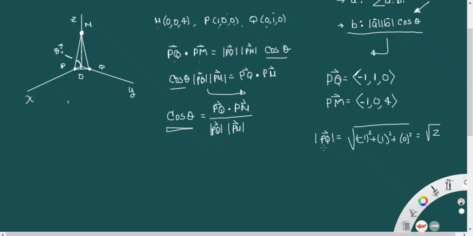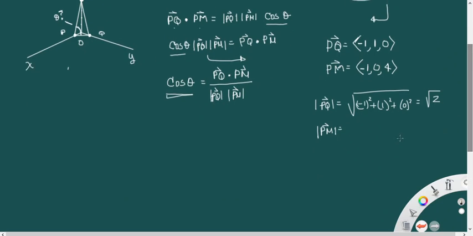Okay, let's do the length for vector PM. The length for vector PM is also the square root of minus 1 squared plus 0 squared plus 4 squared.